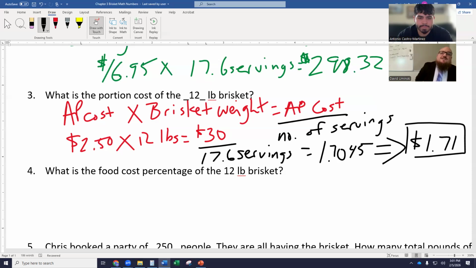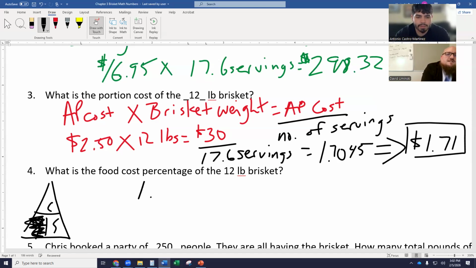What is the food cost percentage of the 12-pound brisket? We're going to use our triangle: cost divided by sales. We're looking for the percentage.